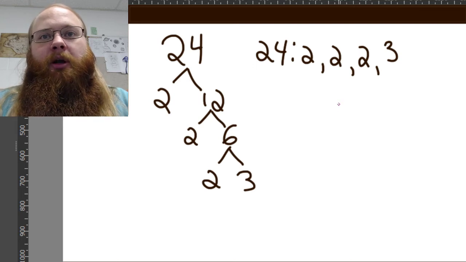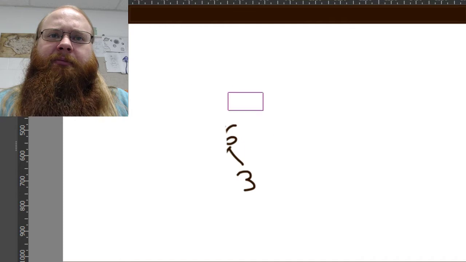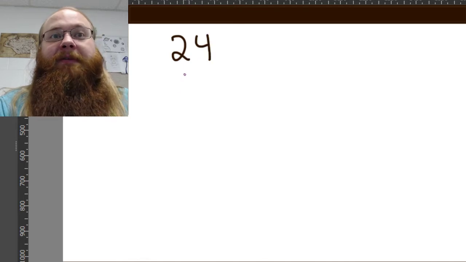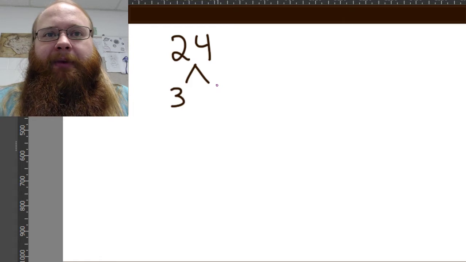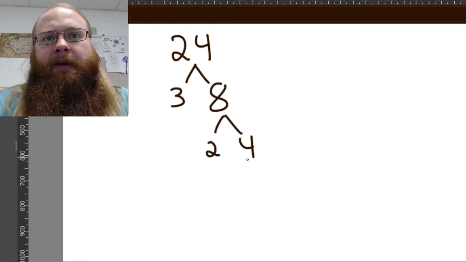Okay? So let's talk about how we would factor this if we didn't want to take 2 out first, because 24 can be factored other ways. We know 24 is divisible by 3. If we wanted to take a 3 out first, we'd be left with an 8. 8 factors to 2 and 4, and 4 factors to 2 and 2.